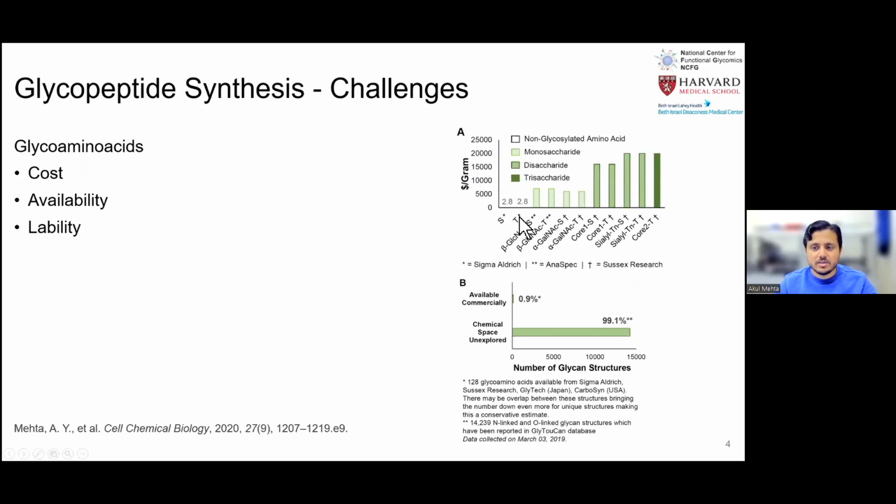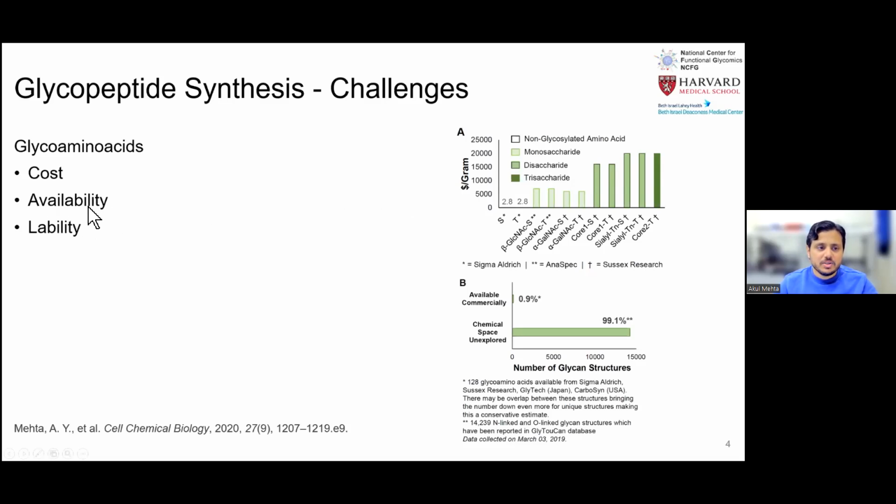But as soon as you start adding any kind of sugars to it, the price dramatically increases. And because the cost of these glycoamino acids is very high, you have to be vigilant about how you use them to generate libraries of peptides.